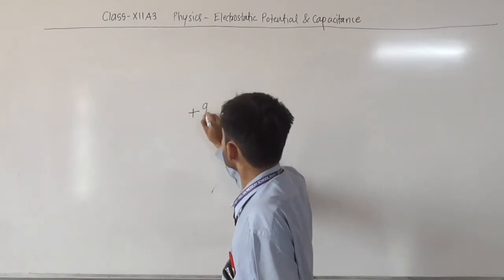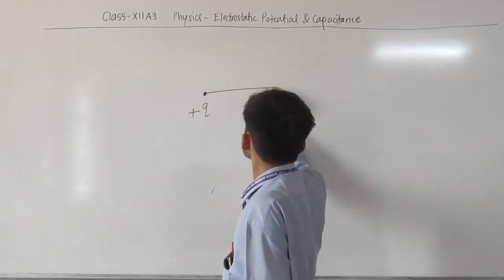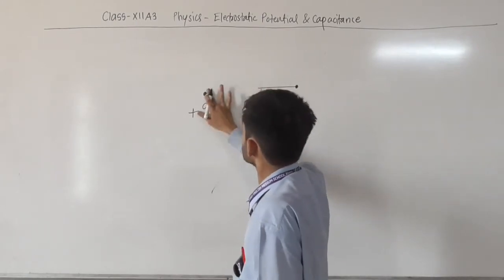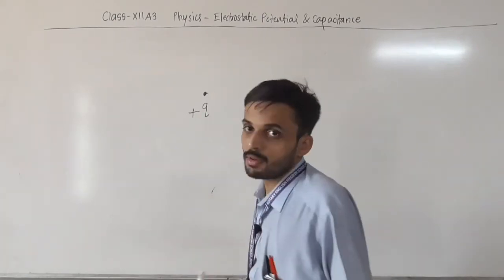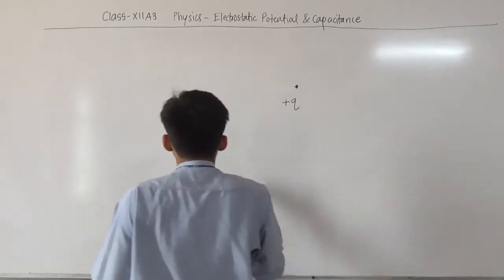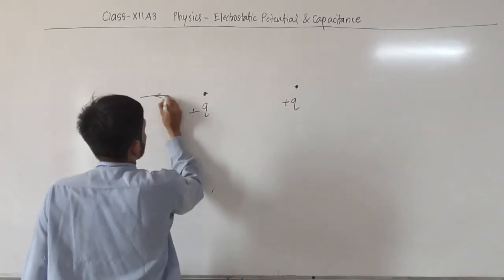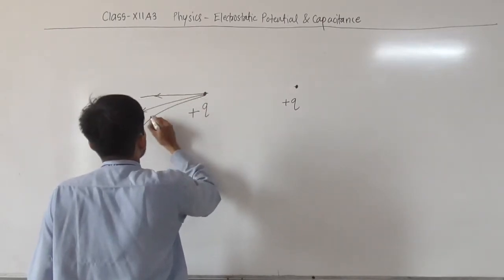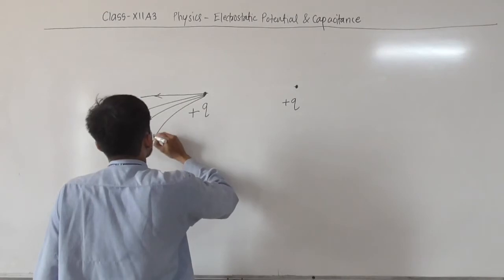This is plus charge and this is also plus q. So you are doing that plus q, they will repel each other, है ना? So for first q, the electric field lines will be like this, then slowly they will be deviating, है ना?